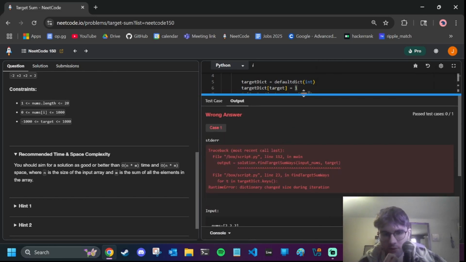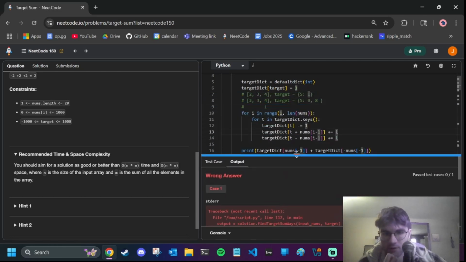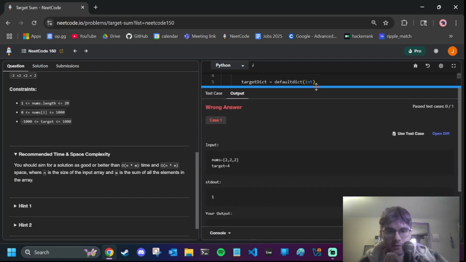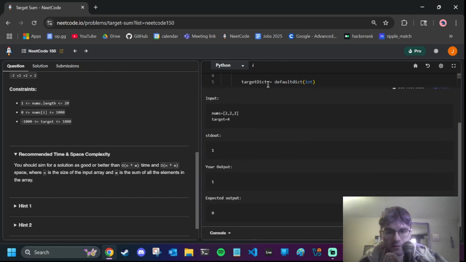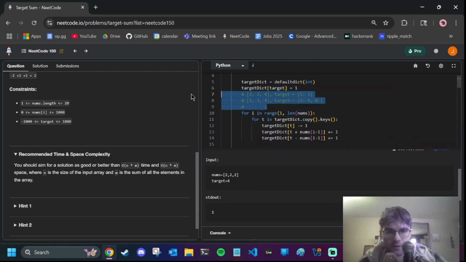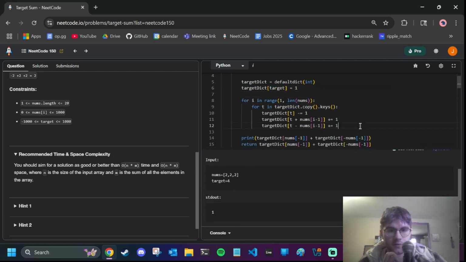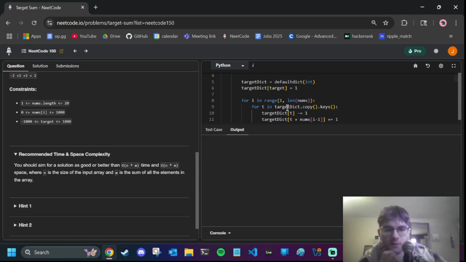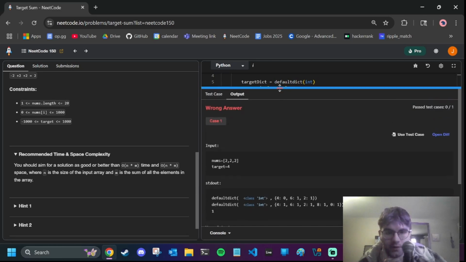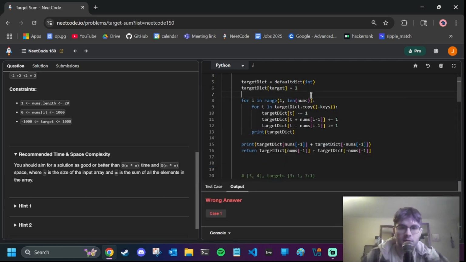Yeah, okay, I was worried about this happening. So, alright, let me print target dict after every step, and what it's also initialized to.